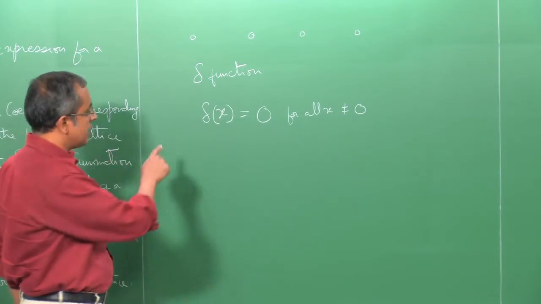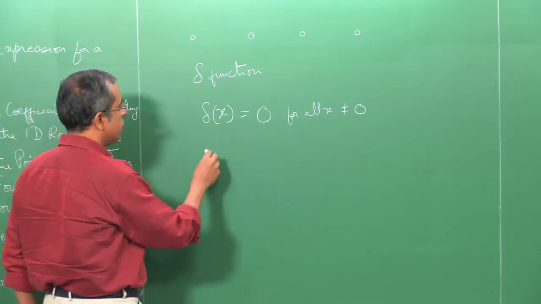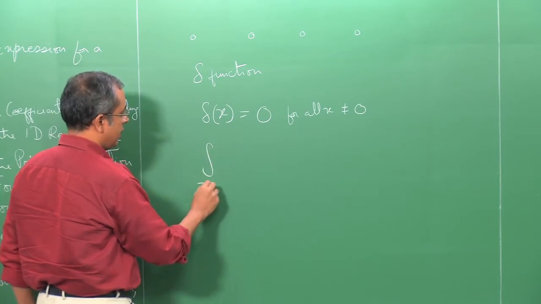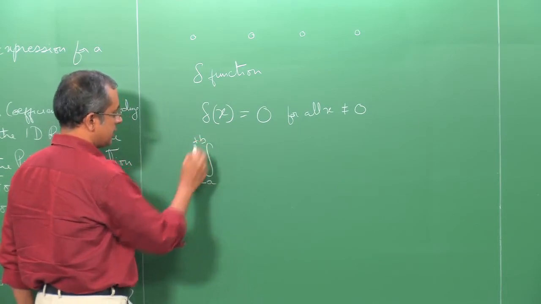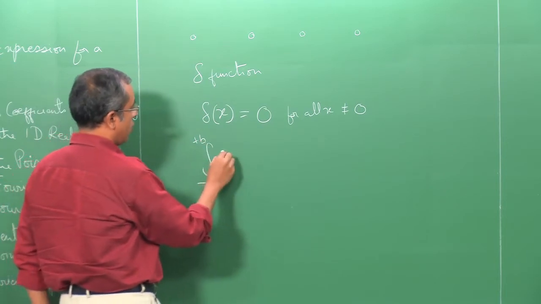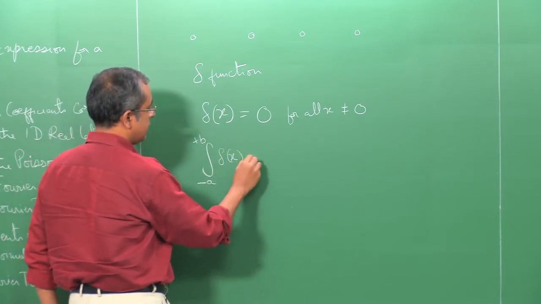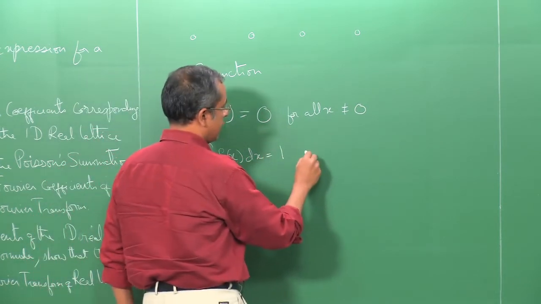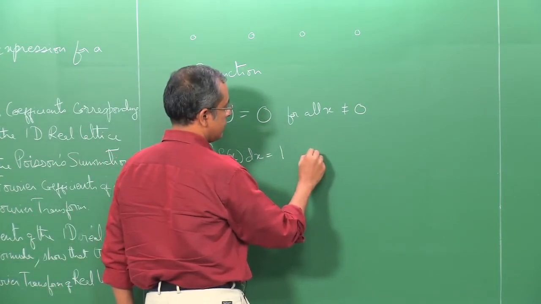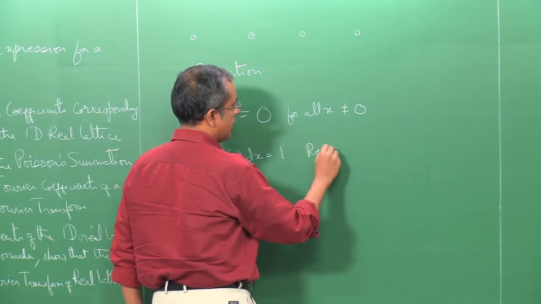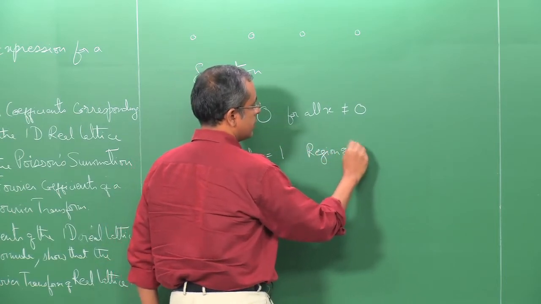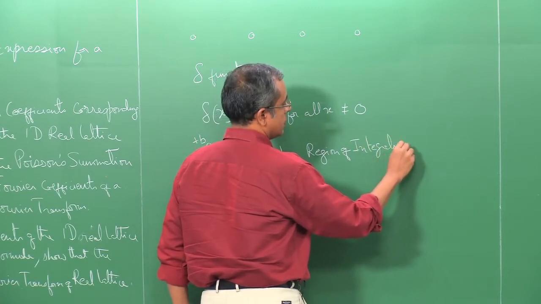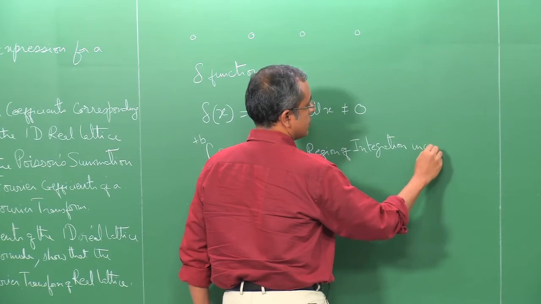Okay. And also in terms of its value, it is defined again like this: the integral from minus a to say plus b, such that it goes through the origin, of delta of x dx is equal to 1, as long as the region of integration includes the origin.